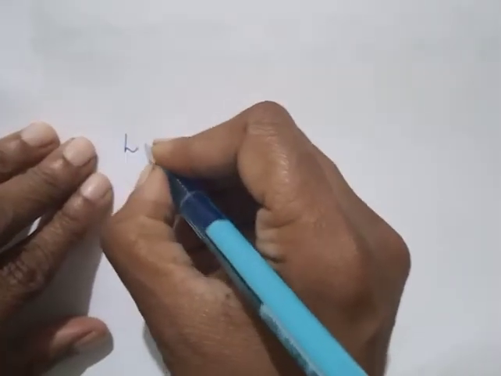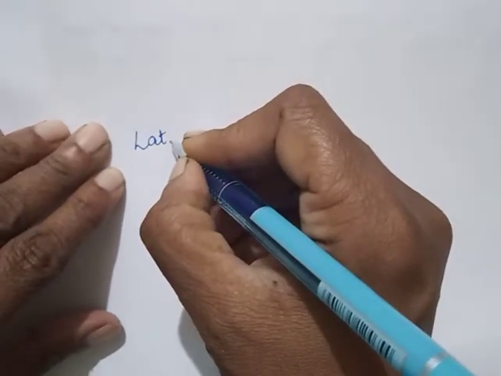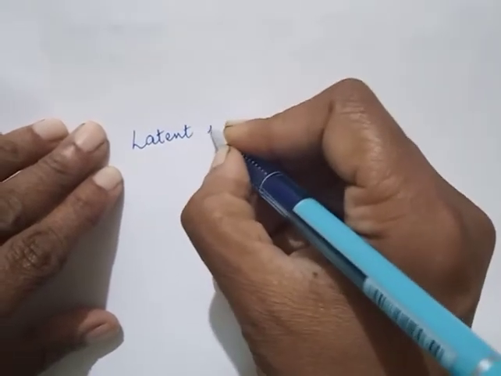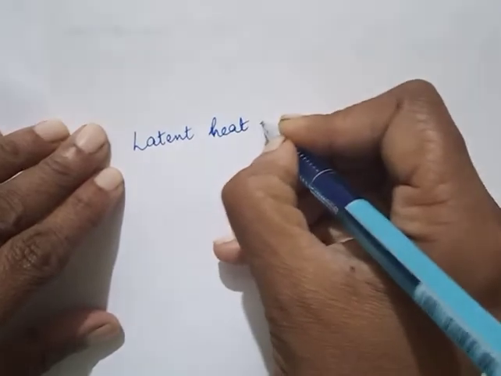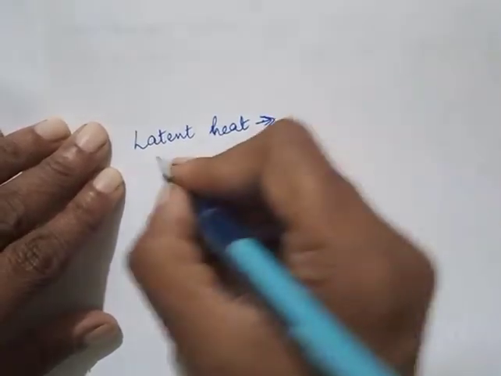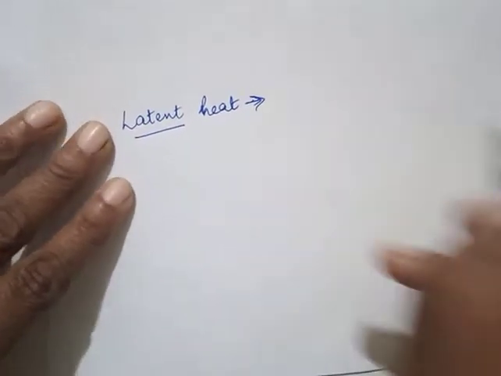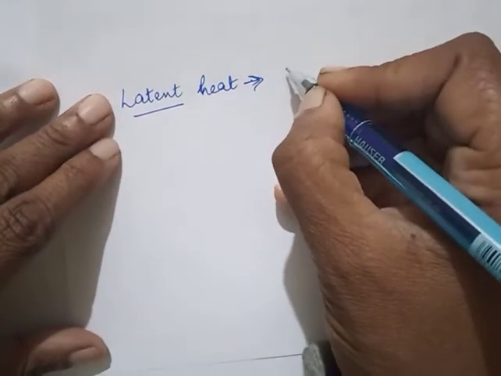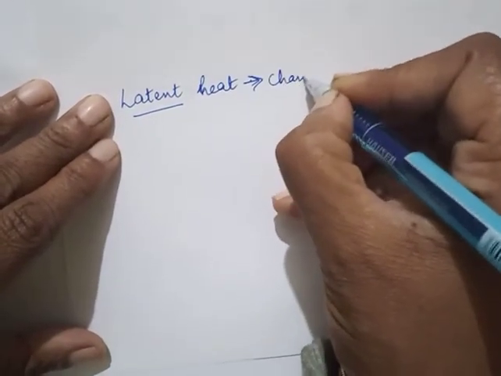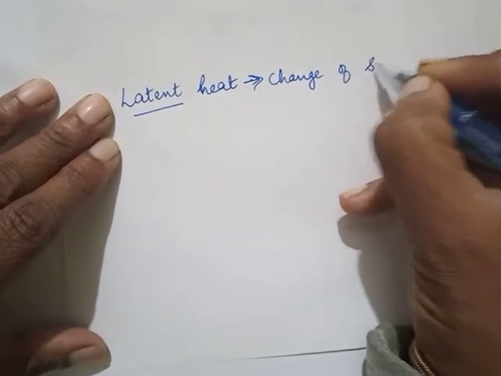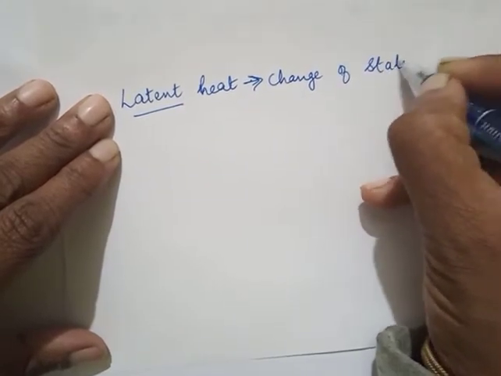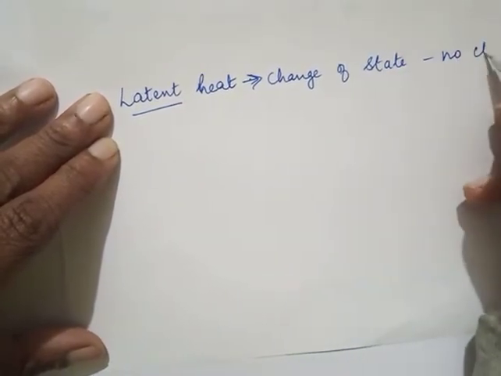What is latent heat? The heat energy required to change the state of a substance. Latent means hidden. Whenever there is a change of state or change of phase, there is no change in temperature.